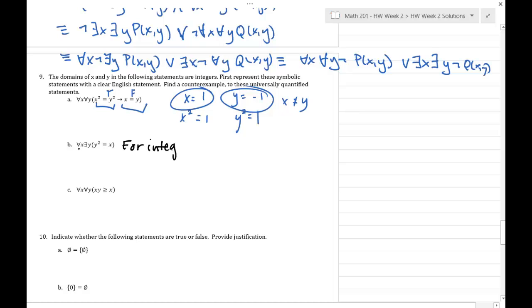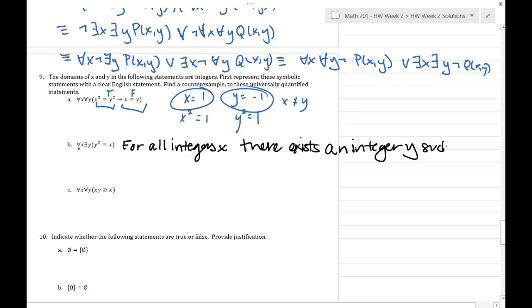So I'm going to write: for all integers x, there exists an integer y such that y squared is equal to x. So what this is saying is pick any integer. I can find another integer such that when I square that integer, I get x.